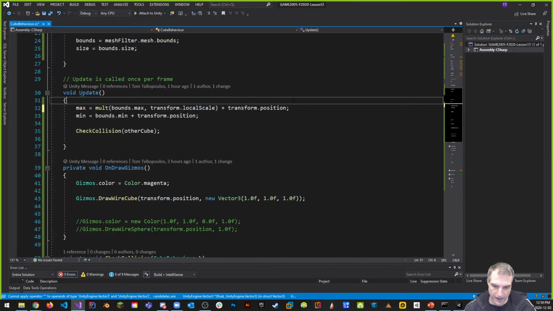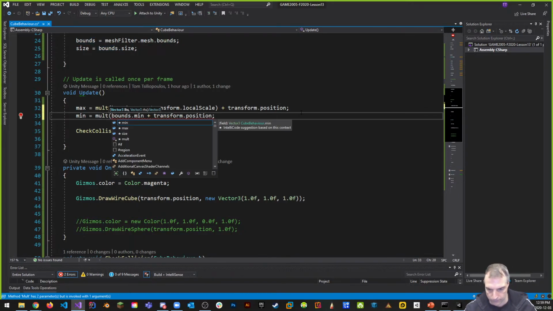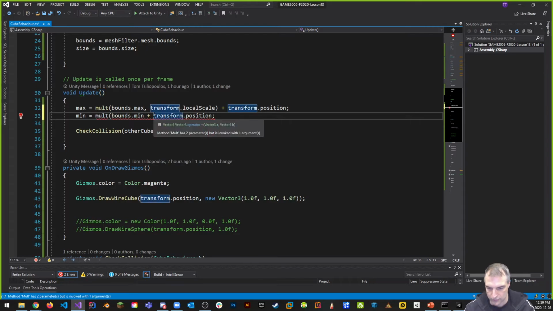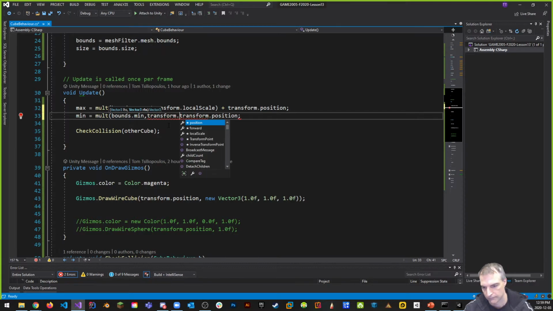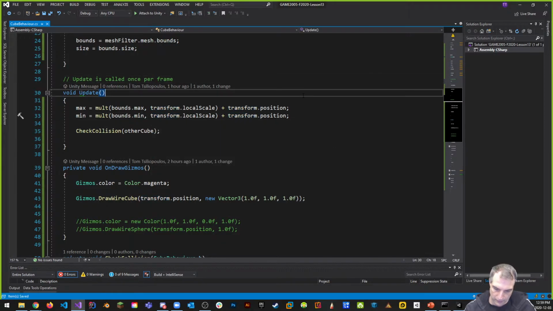And then I'm going to add my transform dot position. Again, shouldn't have to do this, but whatever. All right, let's see how this works, if it makes sense.